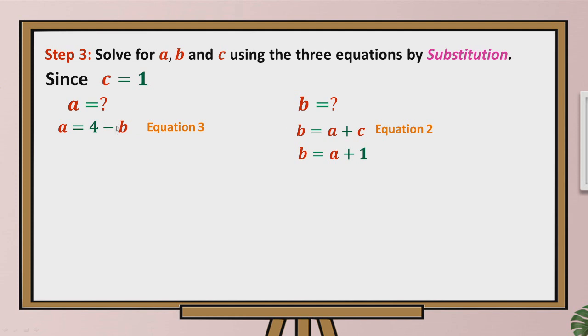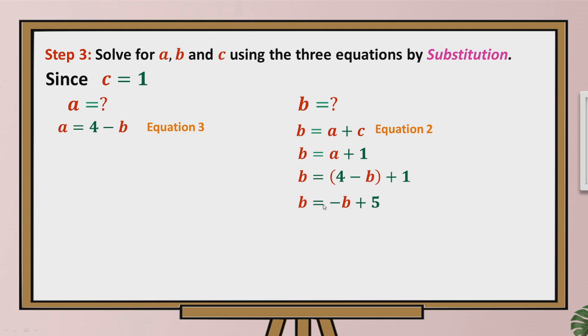Now, since this is an equation for a, I can use this expression and replace a here. So the result will be b equals 4 minus b plus 1. And then we will just remove the grouping symbol and combine 4 and 1, which is equal to 5.